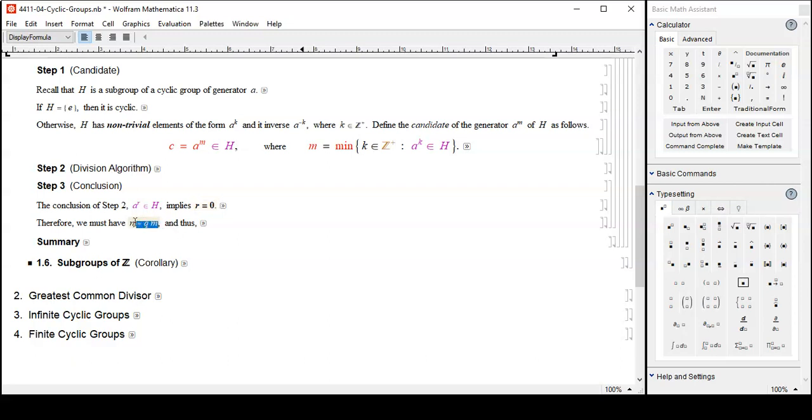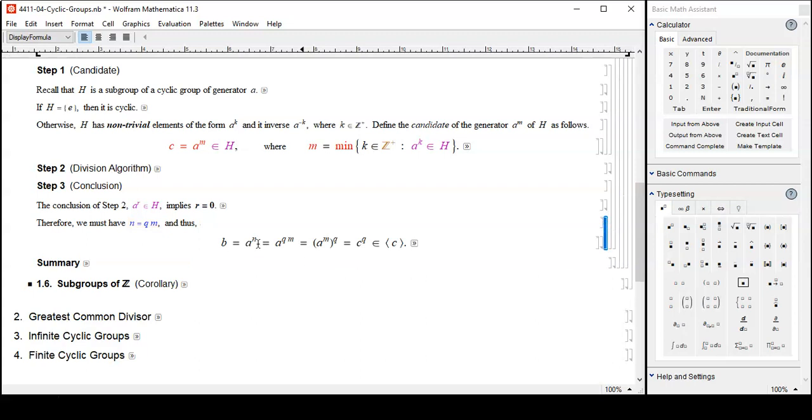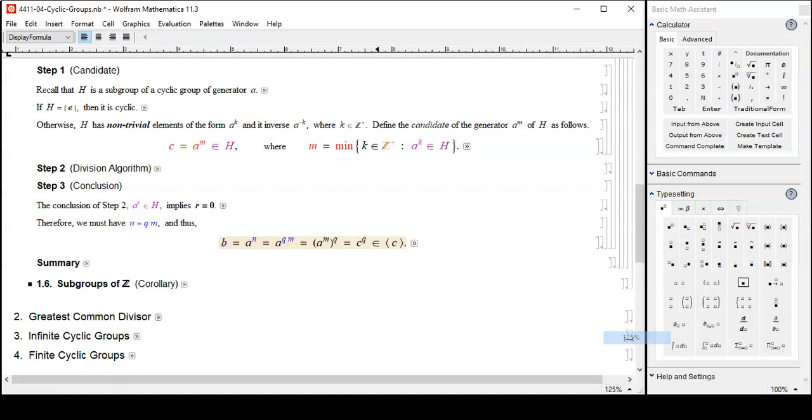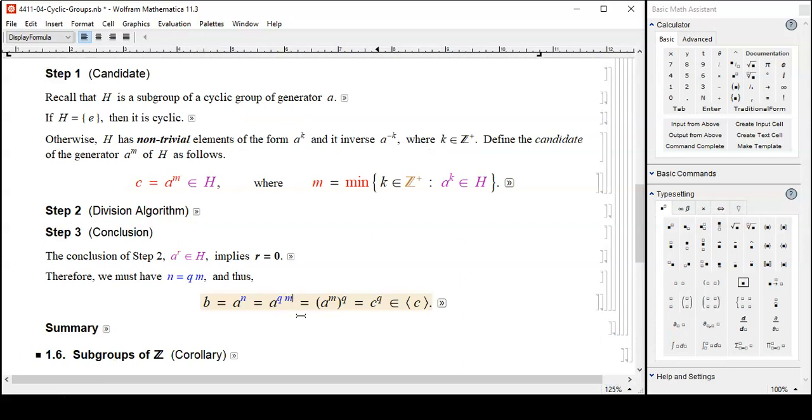Remember, the remainder equal to 0 means n is divisible by m, and we get this conclusion. You see, n here is divisible by m, so qm. Can you read it? Let me expand the font. So a to the n power is actually a to the qm plus r power, but r is 0, we proved it. So that goes away, and then we have just a to the qm power.